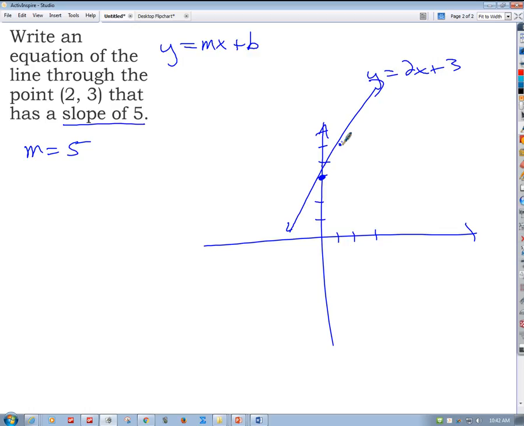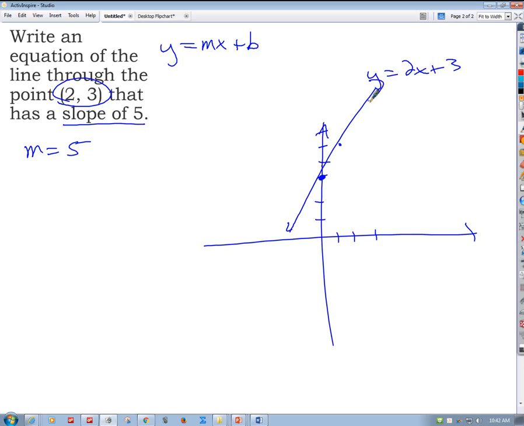But if we know one point on the line, that's a value of x and y that work, right? On this line, for every x value, there's only going to be one possible y value that works. There's an infinite number of x values and a corresponding infinite number of y values, but they go together very specifically.